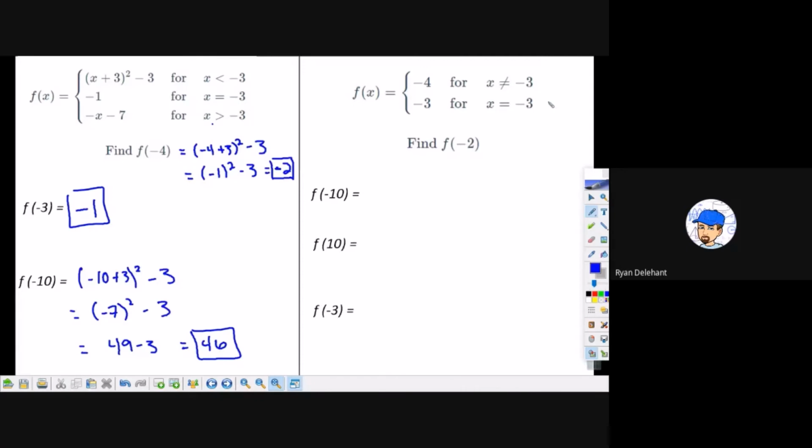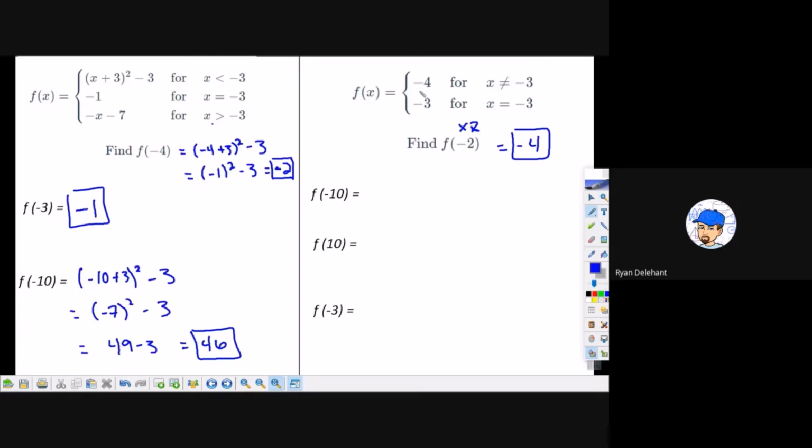Depending on what we're given here, we get an answer of -3 for anything that's equal to -3. If our x is not -3, then we get the answer of -4. So remember, these are x values. Is -2 equal to -3? No. So that means it's this top one. Is -10 equal to -3?